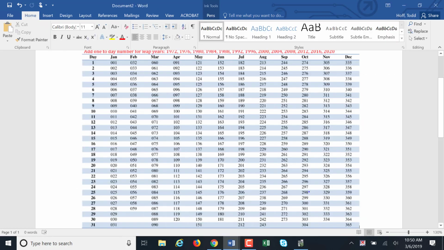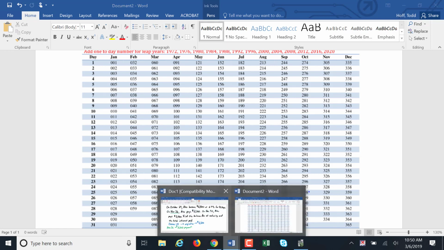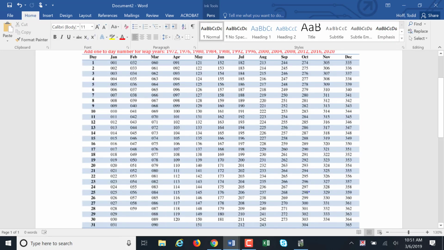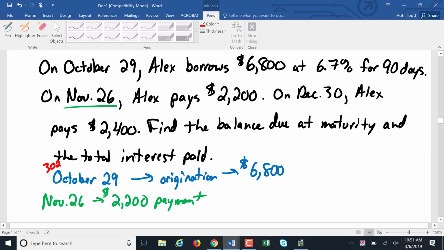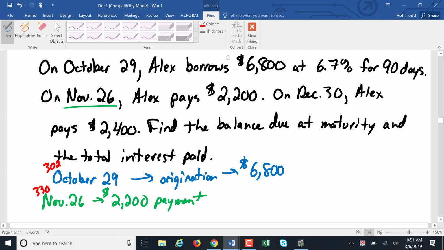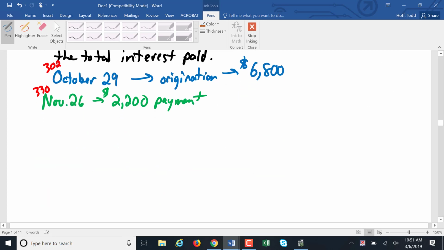October 29th, October is 302. November 26th is 330. So again, we have to find the number of days gone by here to find the interest. So 330 minus 302 is 28 days that have passed.